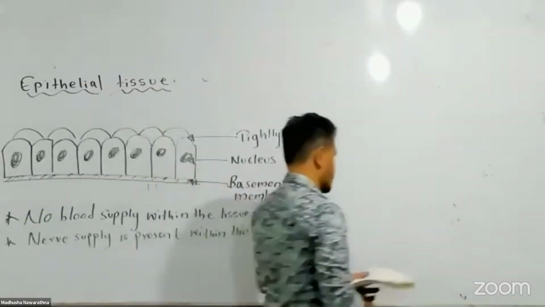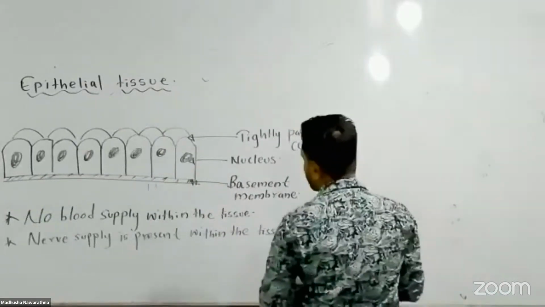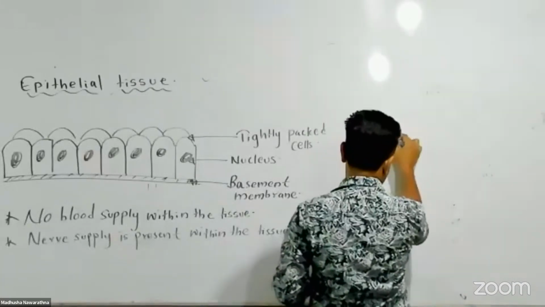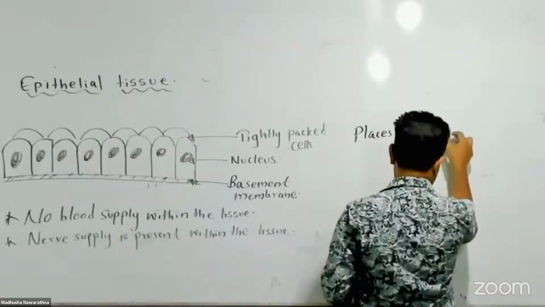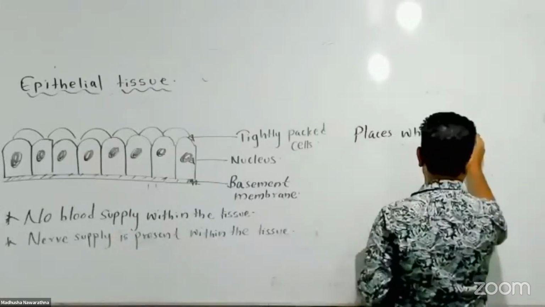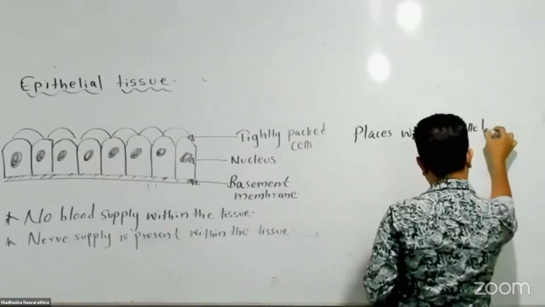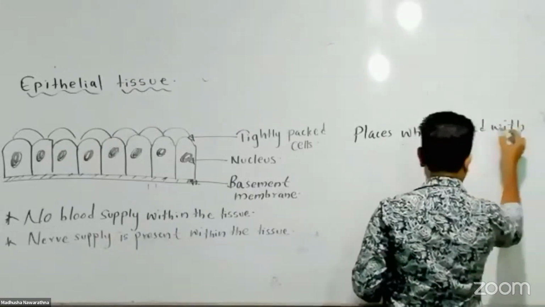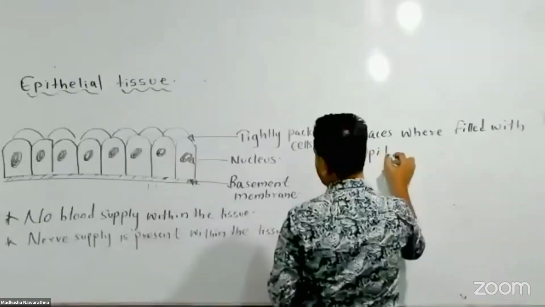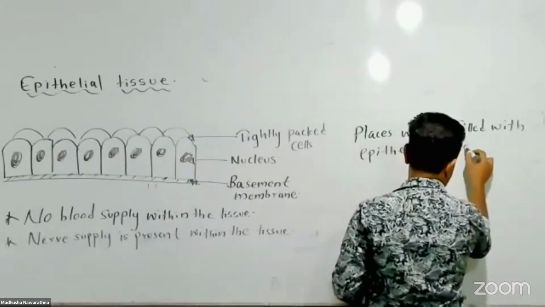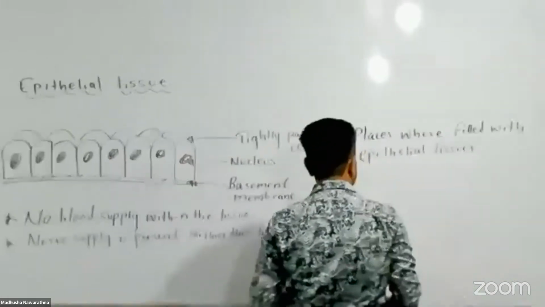Let's write some examples, places where we can observe these epithelial tissues. Places that are filled with epithelial tissues.